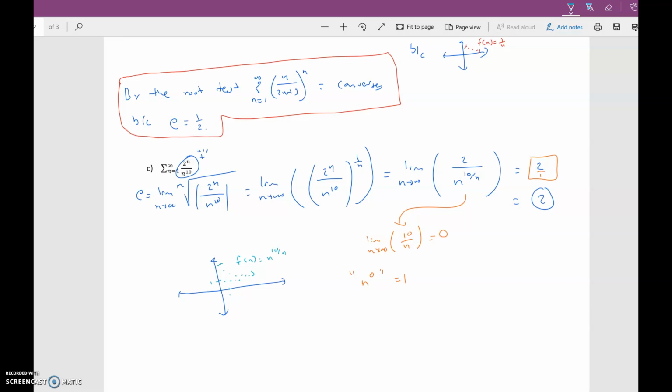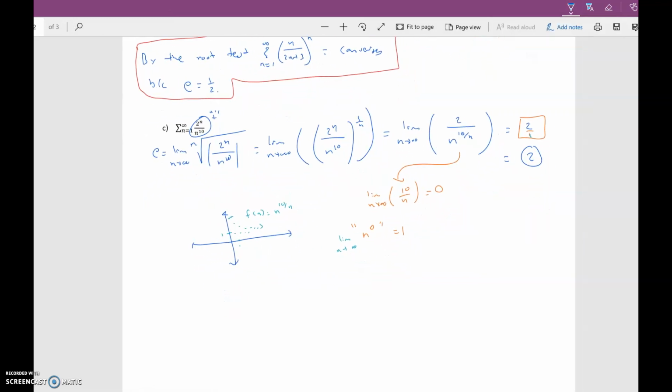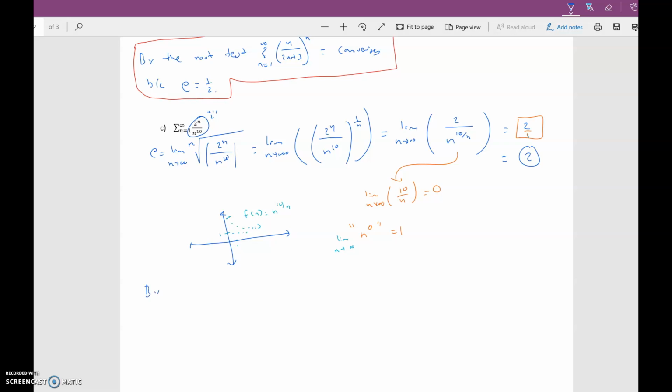So in this case, for the justification, the limit as n approaches infinity is equal to 1. So therefore you end up with the 1. And then with respect to the actual test that we're doing, by the root test, the series from n equals 1 to infinity of 2 to the n over n to the 10th diverges.